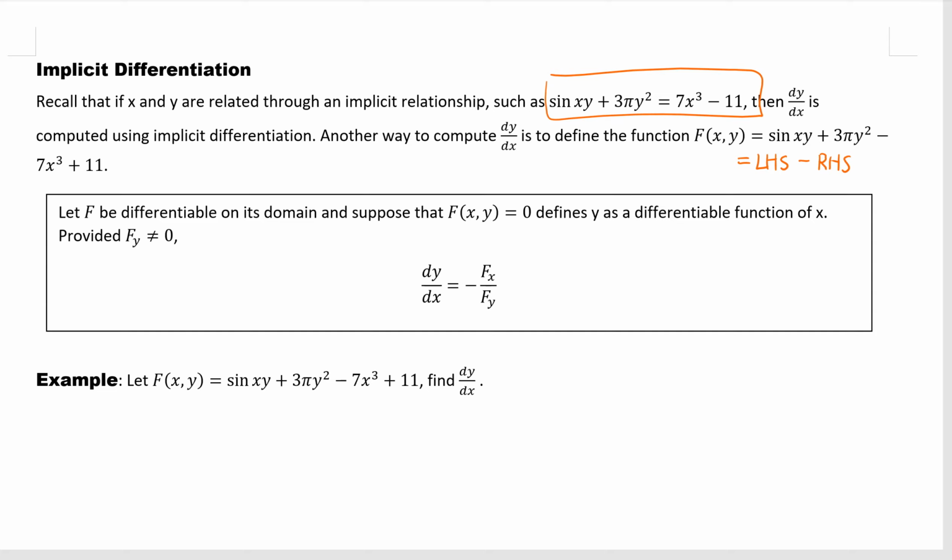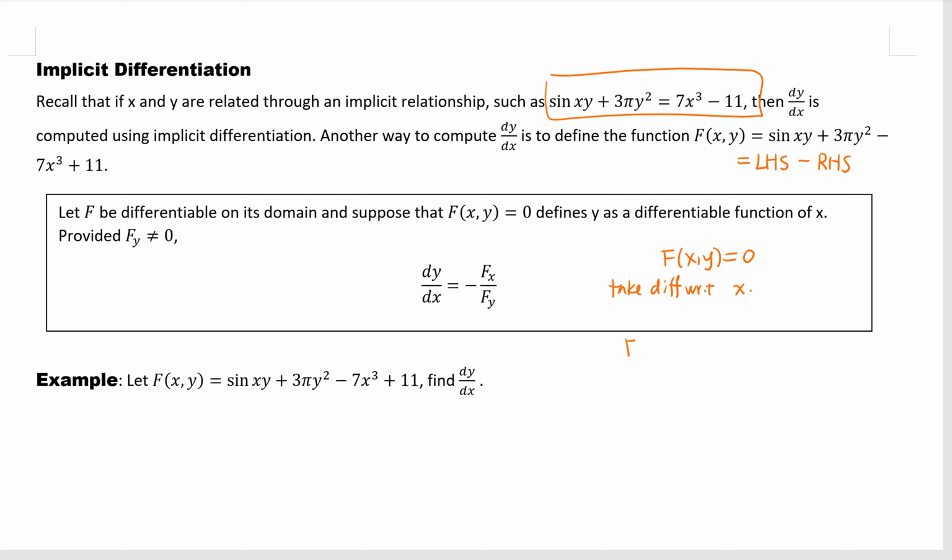Why is that? Keep in mind that f(x, y) equals 0. Now let's take the derivative with respect to x. Here we need to do a chain rule.